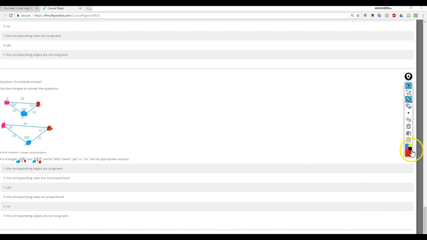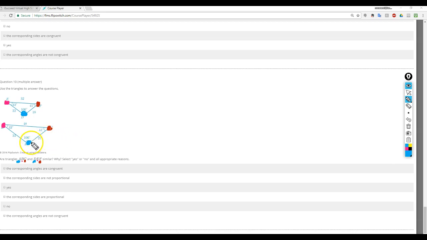The next way we need to check is corresponding sides being proportional. So I need to check corresponding sides, and how do I know that? They are connecting the same vertex. They are connecting corresponding vertexes.